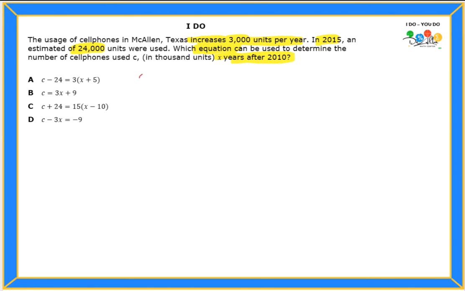First of all, I do not know what the usage of cell phones was in 2010, but I do know that by the time it reached 2015, it was estimated to be close to 24,000 units. From 2010 to 2015, how many years passed by?